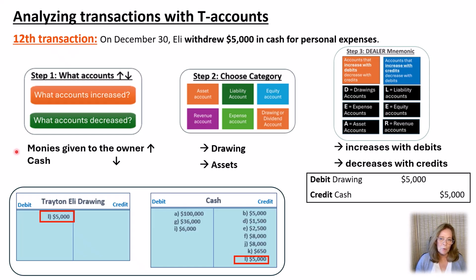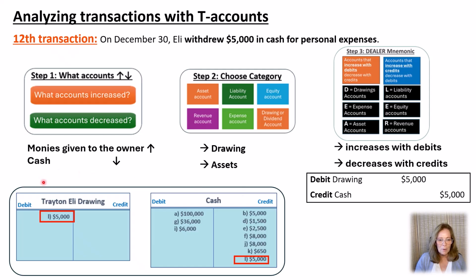Monies given to the owner are classified as drawings, and drawings according to the DEALER mnemonic increase with debits. That is why we debit the drawing account for $5,000. The amount for the cash account decreased, and cash is an asset, and asset accounts decrease with credits. That is why we credit the cash account for $5,000.